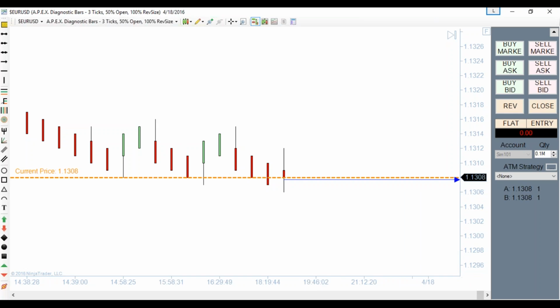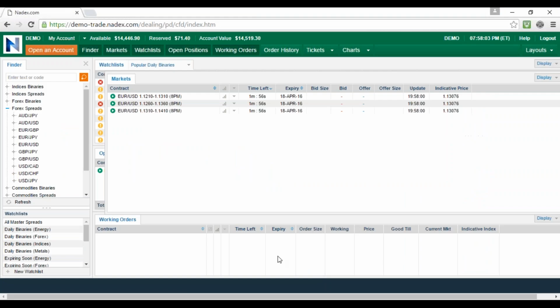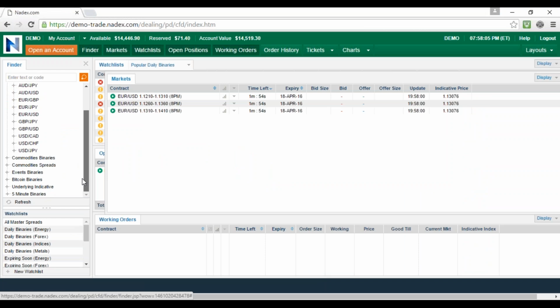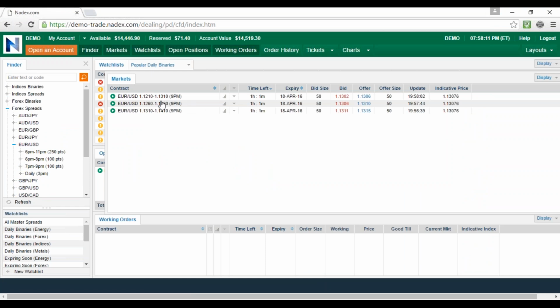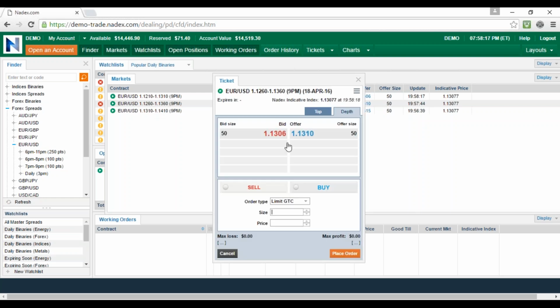And let's just say, for example, euro dollar, 9 o'clock, and I want to buy this 13, let's even say this middle one. So I had to put up 50 bucks, right?